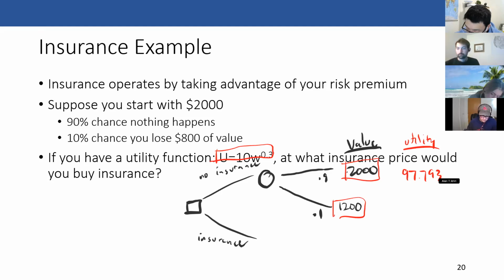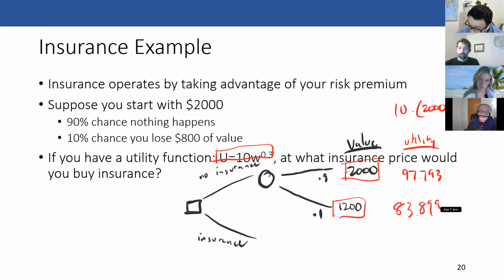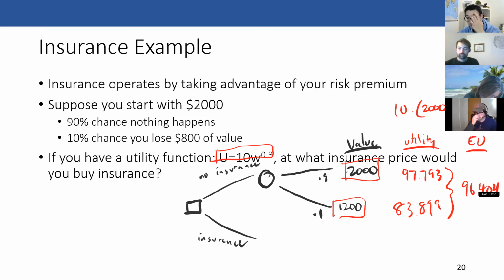I get that by doing 10 times 2000 to the 0.3. And then my utility would be 83.899. My expected utility would be 96.404. I get that by doing 97.793 times 0.9 plus 83.899 times 0.1.